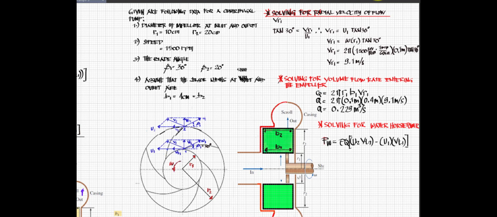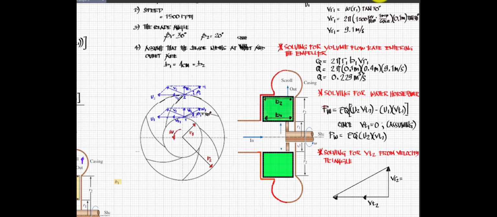Since our VT1, the tangential flow velocity at the inlet, will be assumed as 0, we can reduce our equation to density, volume flow rate, times the tangential velocity of the impeller, multiplied by the tangential fluid flow velocity at the outlet, VT2.